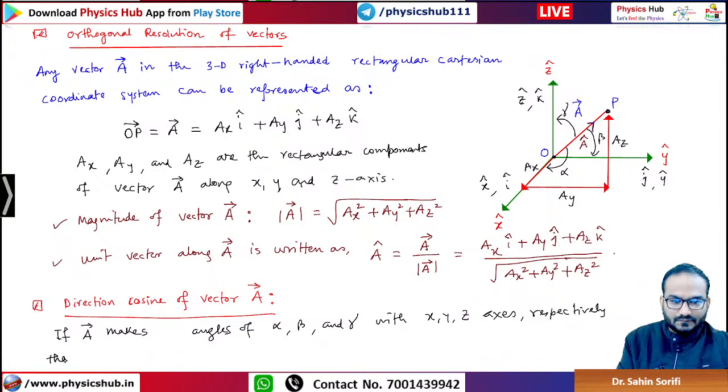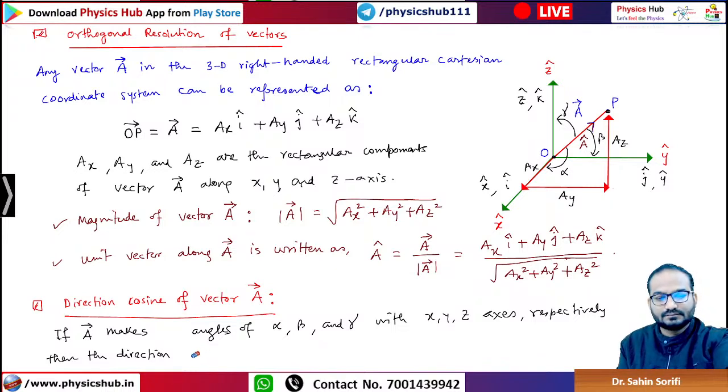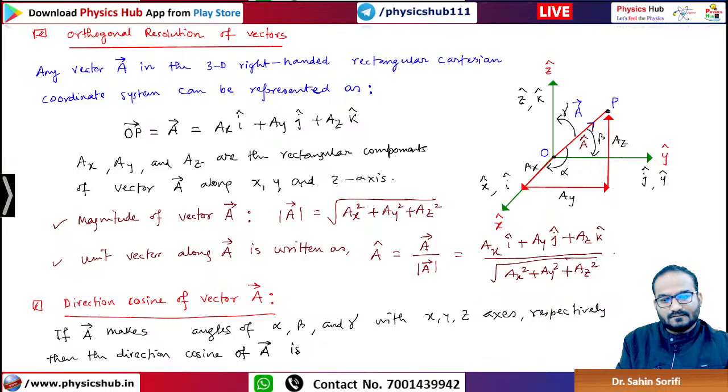then the direction cosine of A is given as, how do we write it? You can say Ax is nothing but A cos alpha.